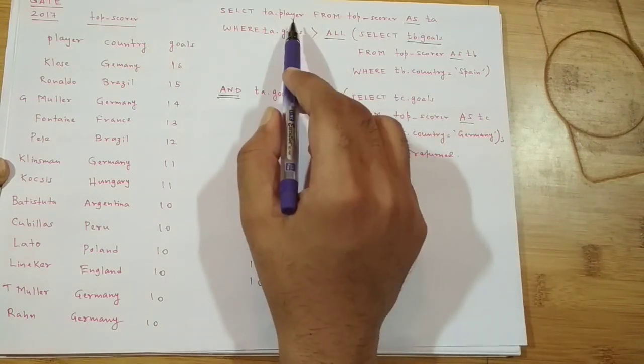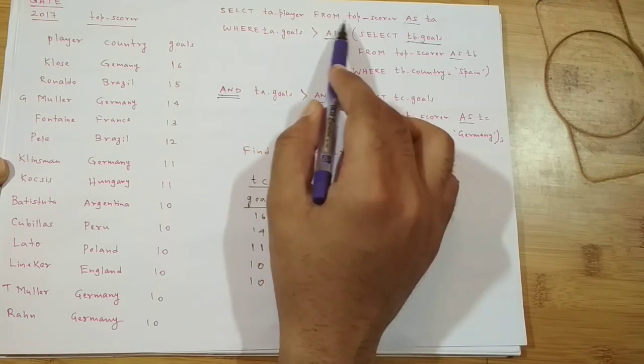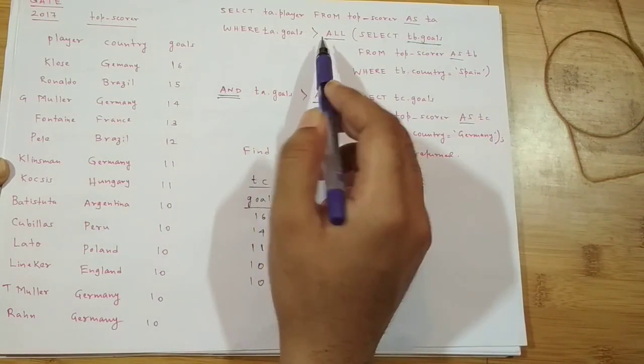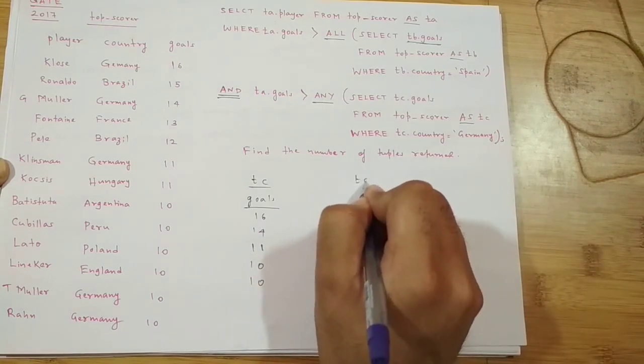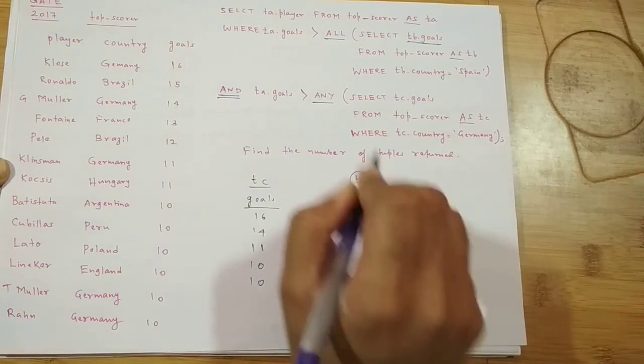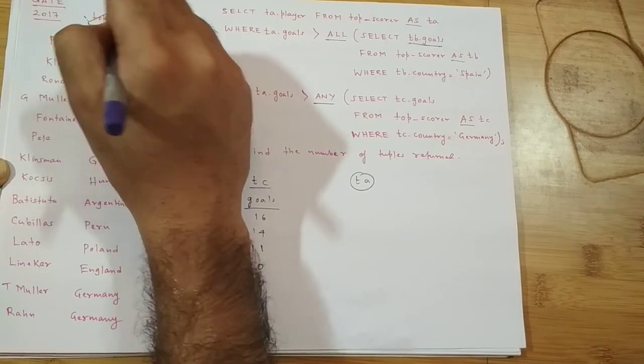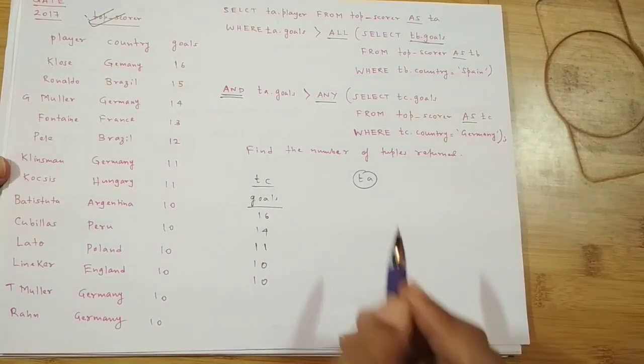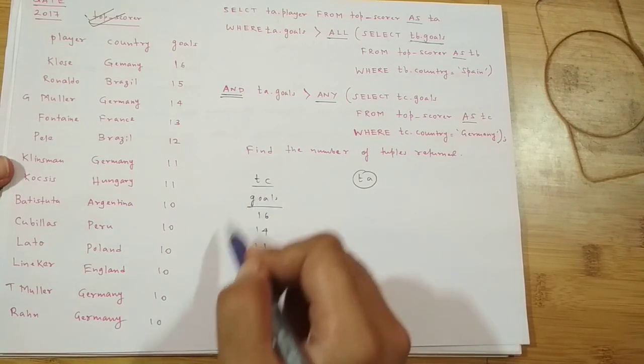Now I'll have to select all those player names from top scorer, that means from this table, where ta.goals. So ta is the entire table, right? ta refers to this entire table, top scorer, where ta.goals is greater than this part.